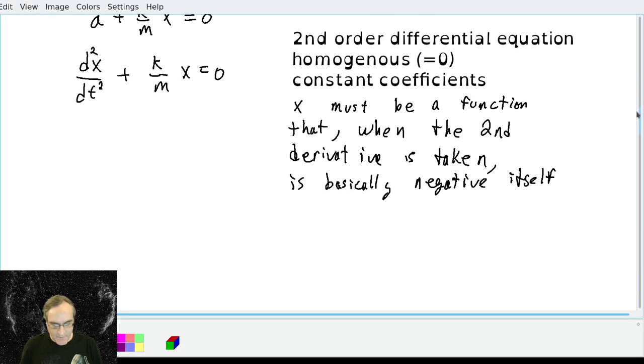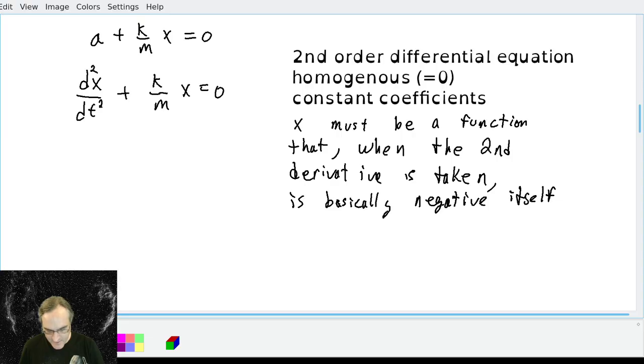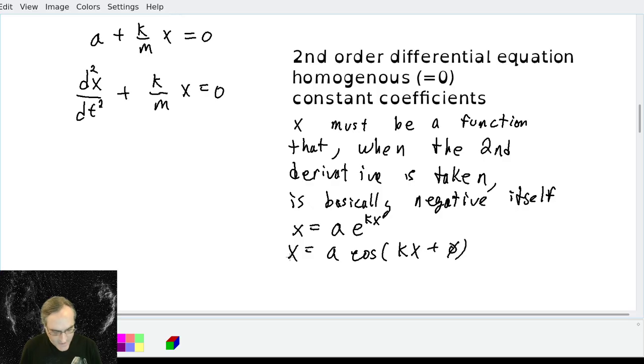That suggests a very limited set of functions. For instance, one of the things that would work would be an exponential. Another thing that would work would be some kind of cosine function, potentially with a phase, or a sine function, also potentially with a phase. So that's actually where we're going to go with this.